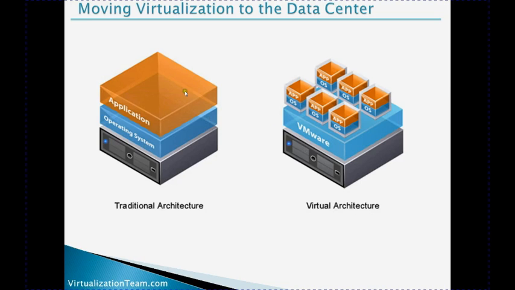Earlier, in the traditional architecture, or how applications and operating systems were traditionally installed in the data center, you were buying a full physical box for every operating system instance you wanted to install. So if today you want to install Windows 2008 for one of your users, you go buy a physical server, install Windows 2008 on it, then put the application on it and give it to that end user.